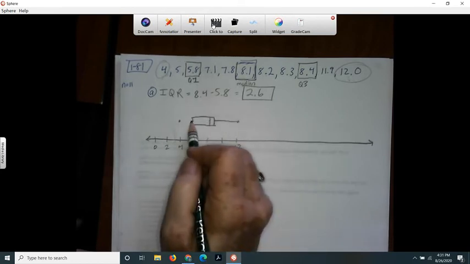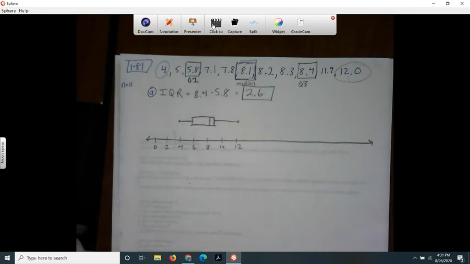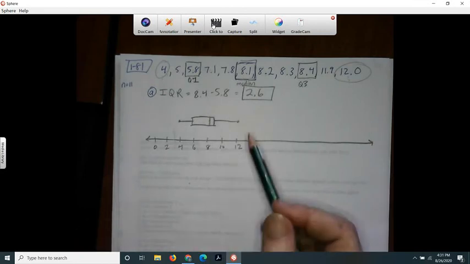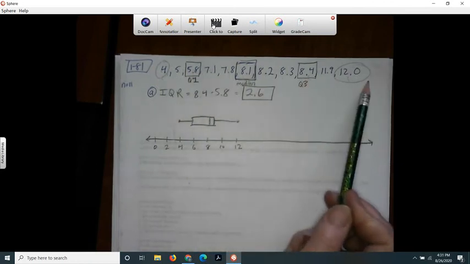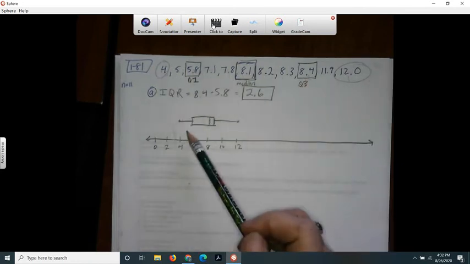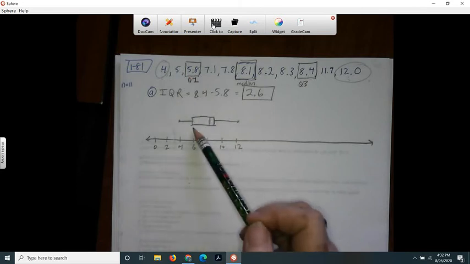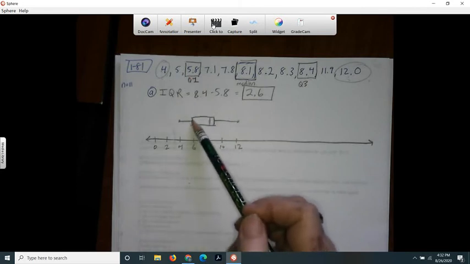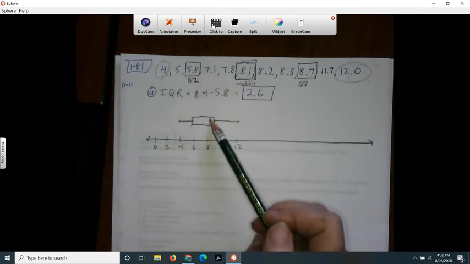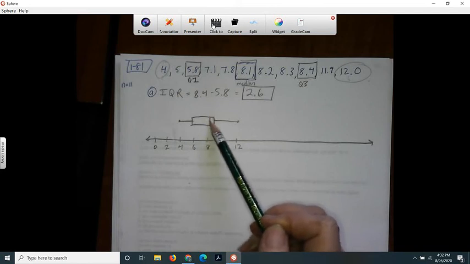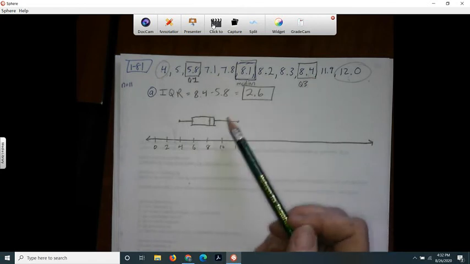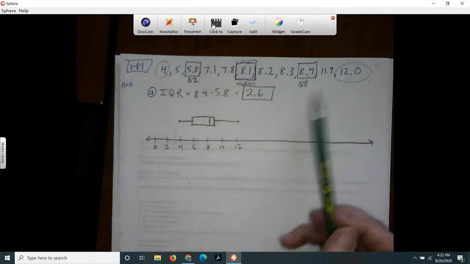This is how they do it. Okay, so you're using these 5 values, right? This is your low value. The 5.8 gives you the little edge of your box. The 8.1 gives you the middle of the box, and then 8.4 is right here, and 12.